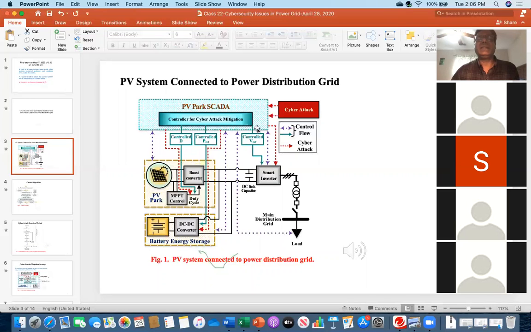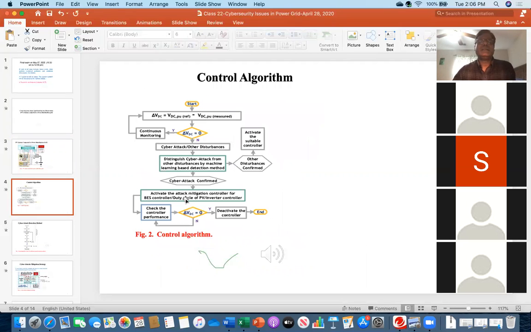If the attack is here, activate this controller. If the attack is here, activate this controller. If the attack is on the duty cycle, then activate this controller and accordingly adjust, correct or modify the DP reference or V reference. That is the meaning. Then you activated those controllers, and then check the controller performance.